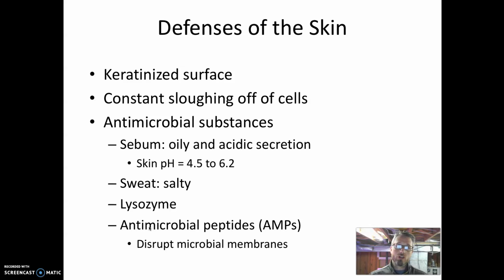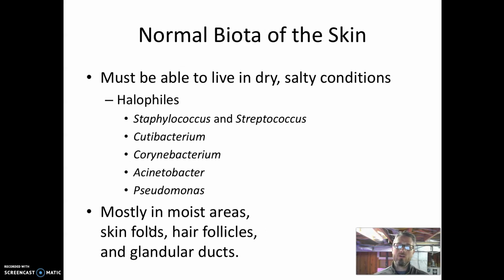With the structure of the skin and the defenses of the skin in mind, next we should think about what are the normal microbes that inhabit the skin. So in general, for something to live on the skin, they have to be able to survive in relatively dry, salty conditions. So in general, we find halophiles growing on the skin. And then we know that also they might be slightly acidophilic.